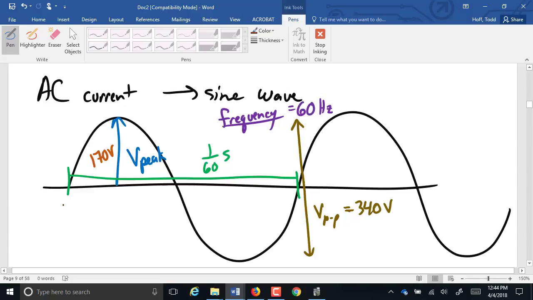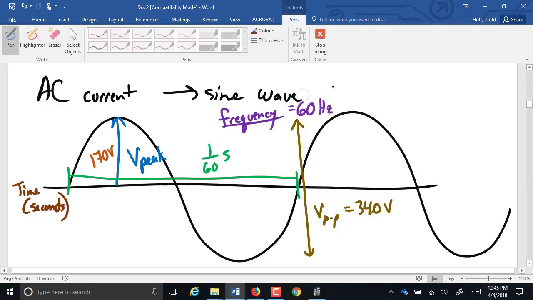So instead of having angles on our x-axis, instead of having 0 to 90 to 180 degrees or 0 to pi over 2 to pi radians, for the current it's going to be time now, seconds, on that axis.